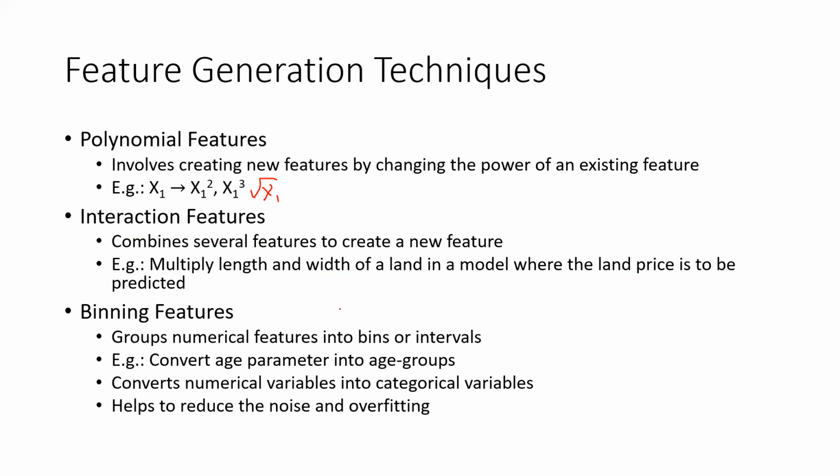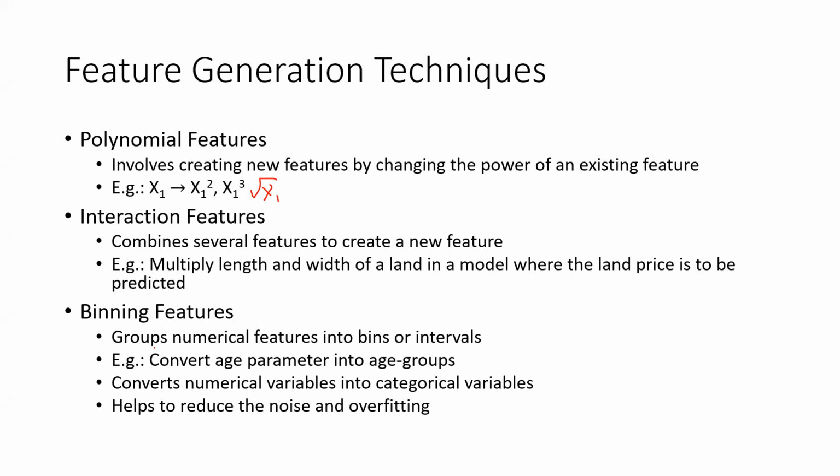And there's another way of feature generation known as binning. So binning is nothing new, right? So if you have, for example, ages of a population, these ages are a continuous variable if you take it as the time step, right?